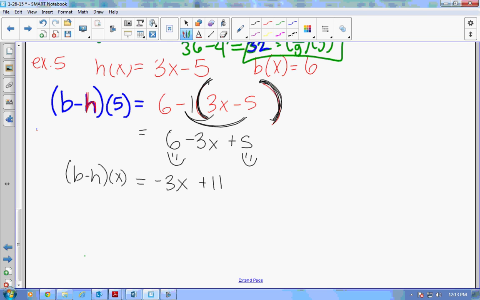But we're not done. What's the last thing we need to do? Plug in the 5. Isaiah Cooper, where did I plug in the 5? Okay. So it becomes this. Negative 35 plus 11. I plugged in the 5 for x. Is that what it becomes?